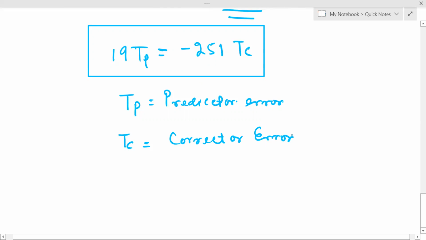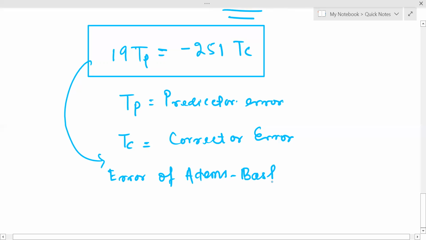TP and TC both are the predictor error and corrector error, and the one relation is 19 TP equal to minus 251 TC. This error is basically called as the errors of Adams-Bashforth method of fifth order.